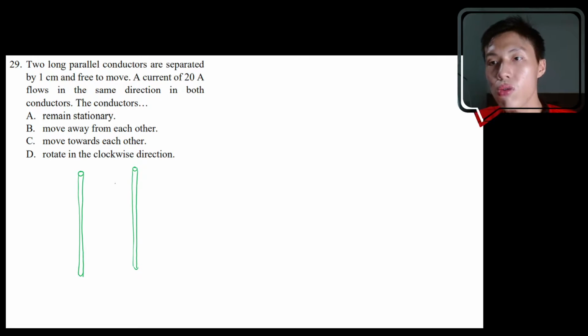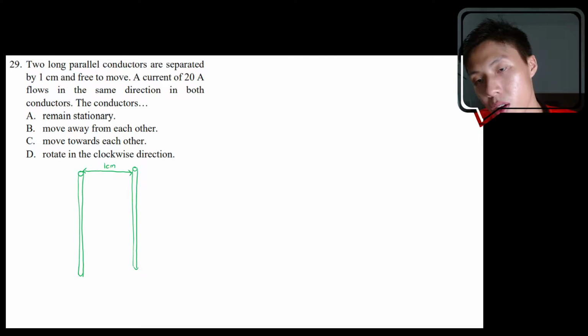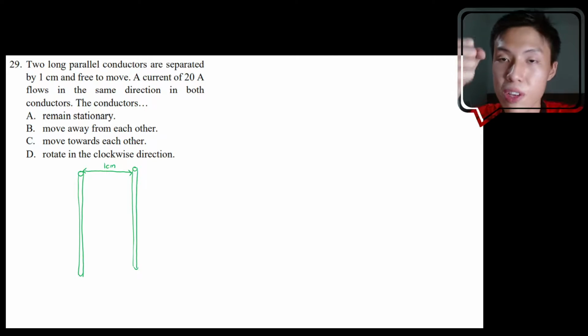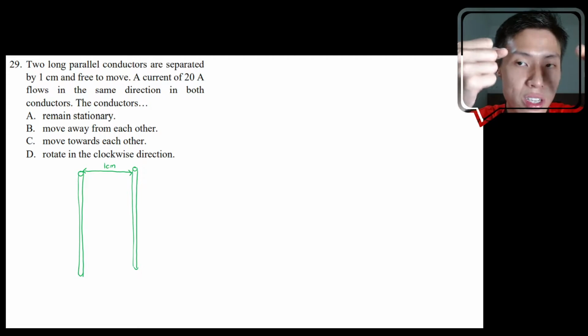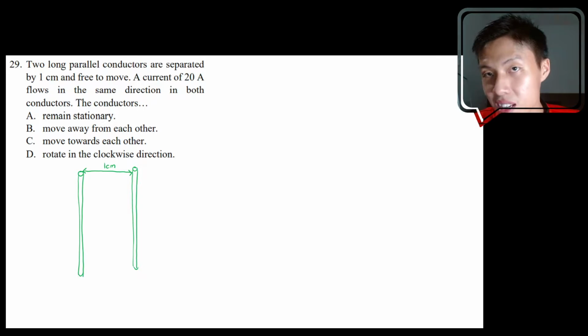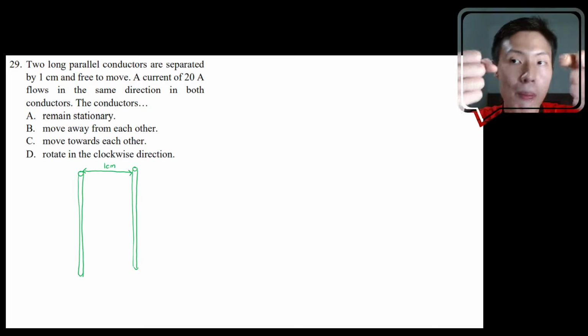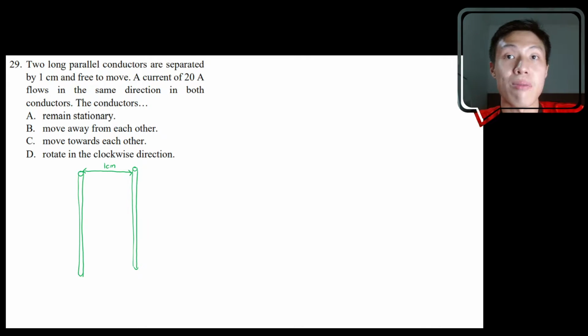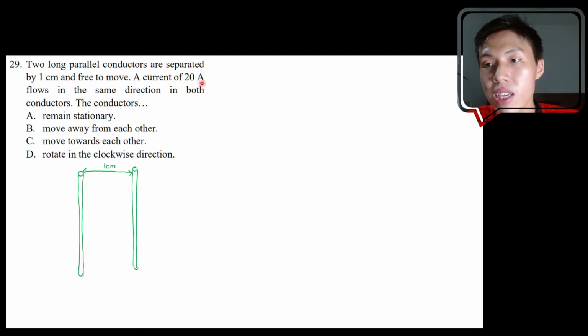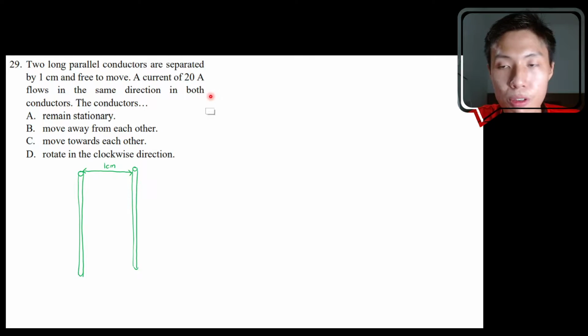These are two long parallel conductors separated by 1 cm, and they are free to move, meaning we are not fixing their position. They may not be separated by 1 cm later. Right now it's 1 cm, but when they move, they can be separated by any other distance.